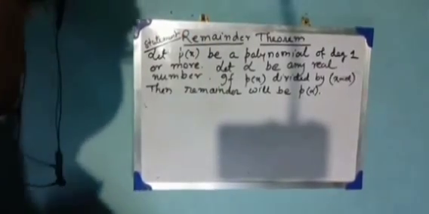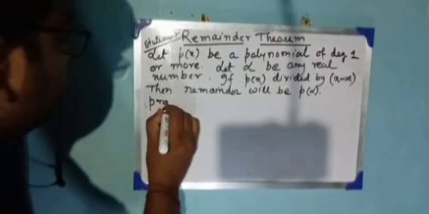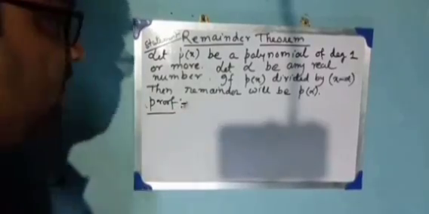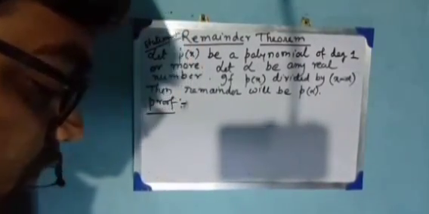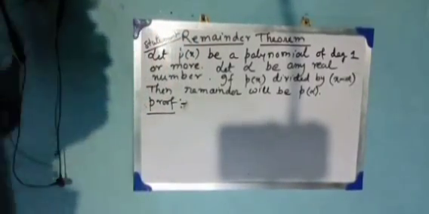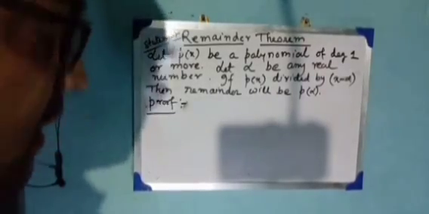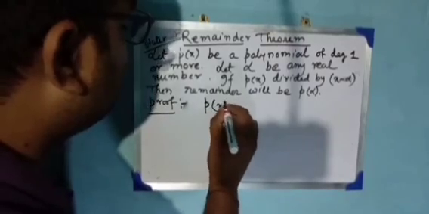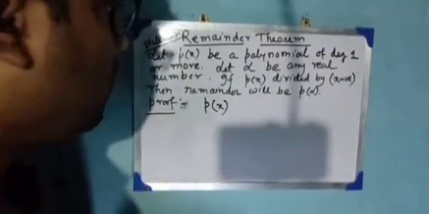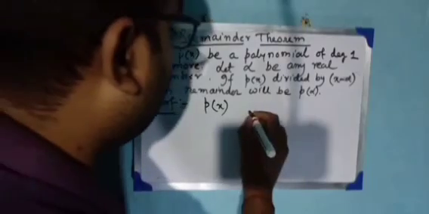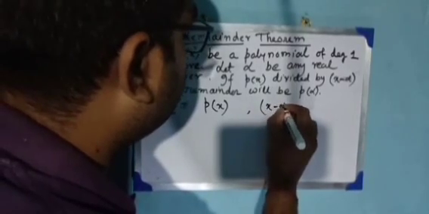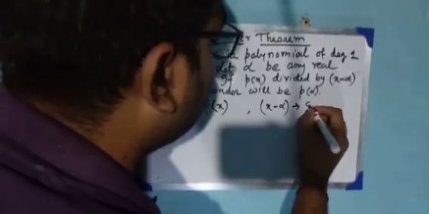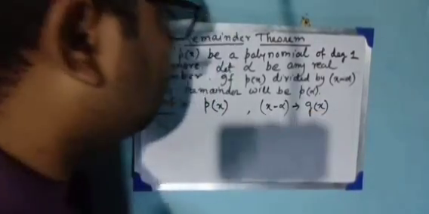Next, we come to the proof, which is also in your syllabus. The remainder theorem proof: let P(x) be a polynomial of degree 1 or more, and x minus alpha is my divisor polynomial g(x).